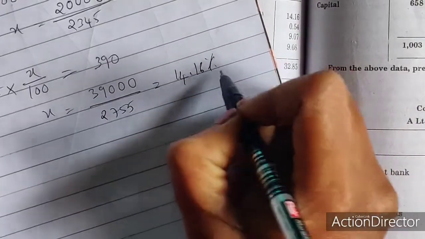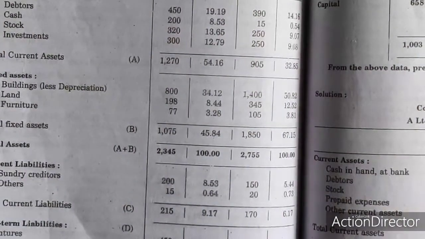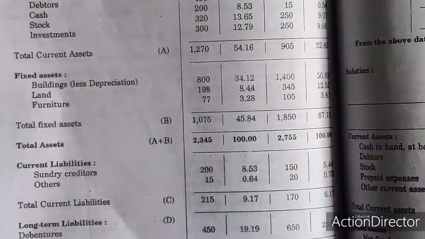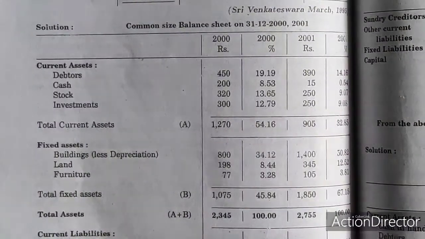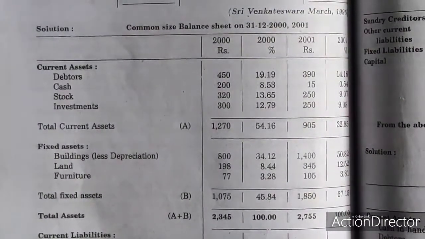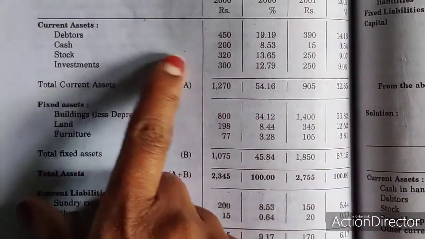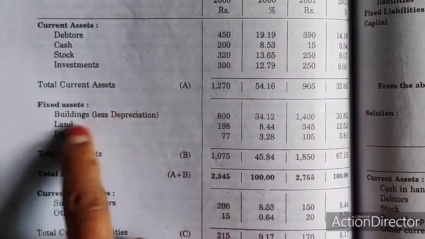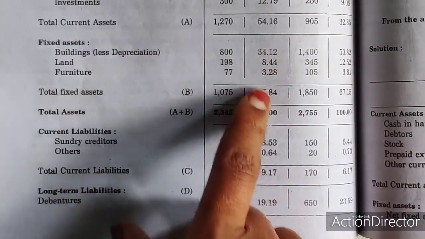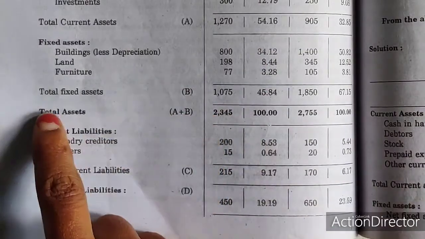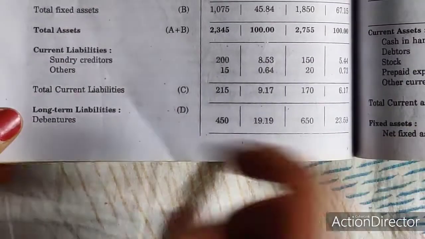Here a little change: we need not calculate the working capital, we just need to add the assets, and we need to find out the liabilities. So debtors, cash, stock, investments, and fixed assets such as buildings, land, furniture. In this way we have to add all the total assets.